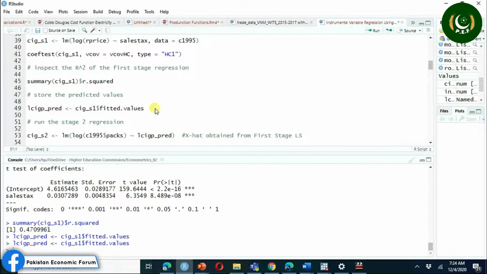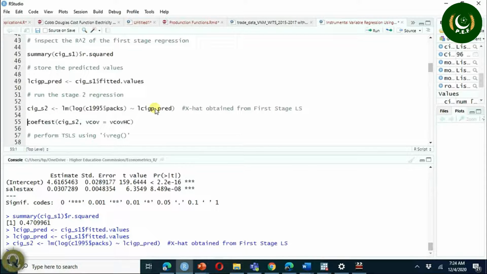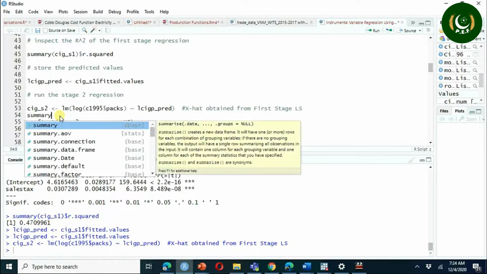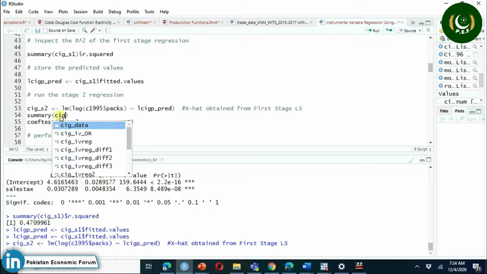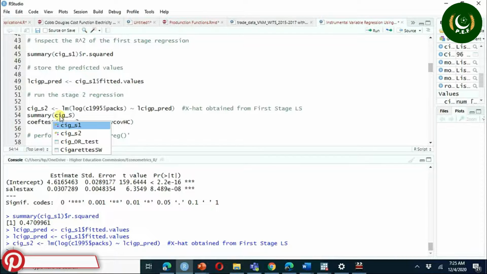These are your predicted values, and we are running here cigarette packs on this. If you want to get the summary of this model, you can get the summary of this model, second stage, s2.